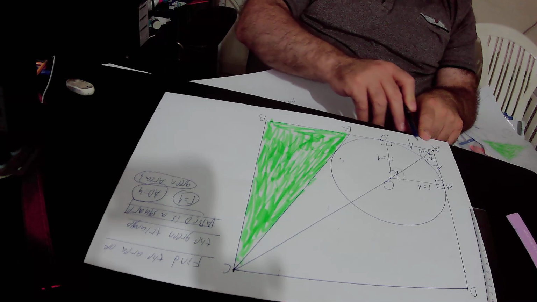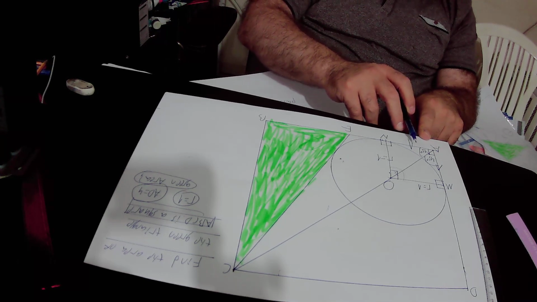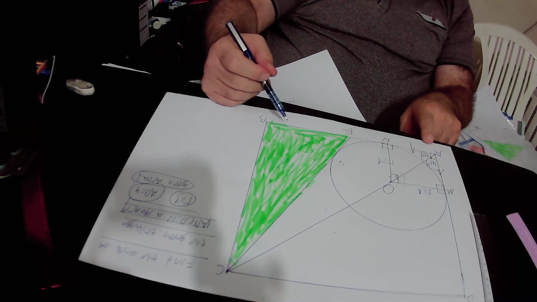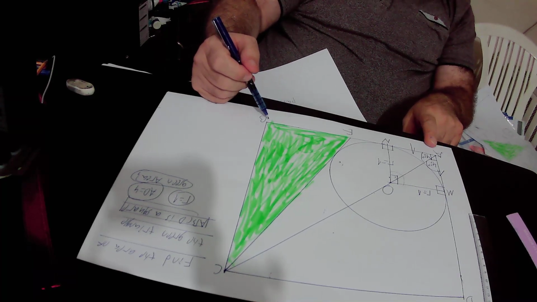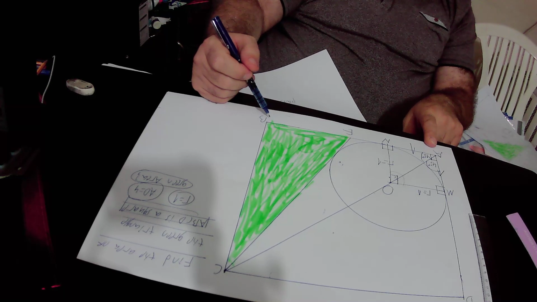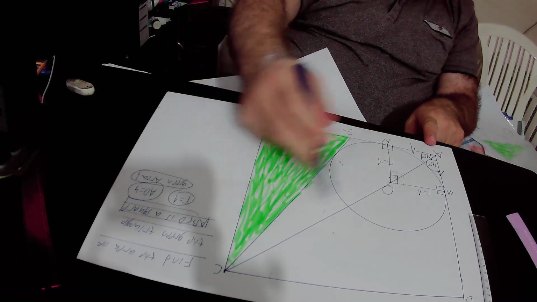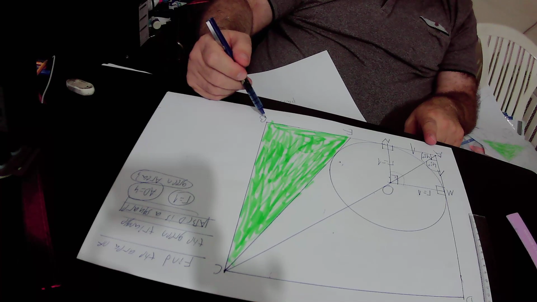AB is a common side to both those angles. Angle CAB consists of two sides, side CA and side AB.